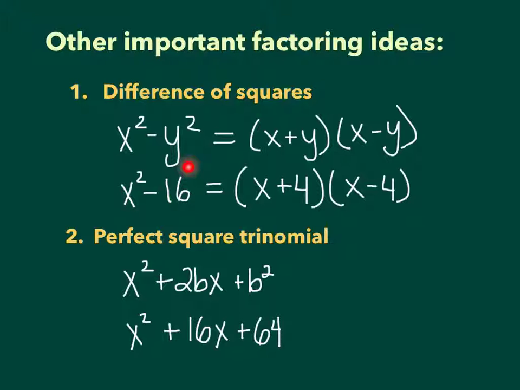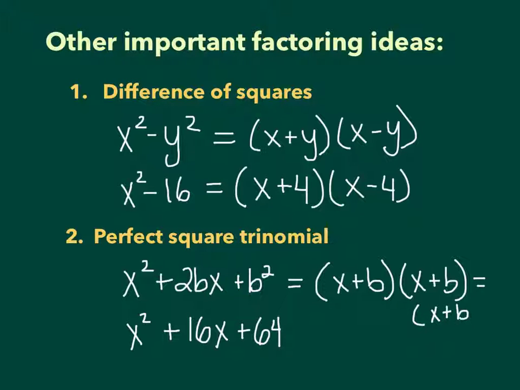The second kind is when you see a perfect square trinomial. And those are in the form of x squared plus 2bx plus b squared, where b is really just standing for a number. Whenever you see that sort of pattern, that's going to factor into x plus b times x plus b, otherwise known as x plus b squared.